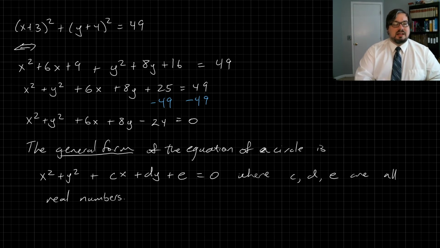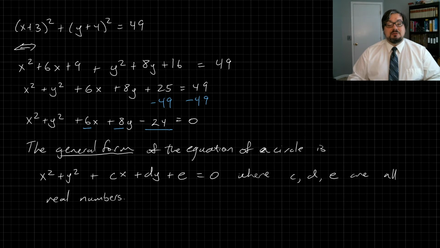So in our example up here, c was 6, d was 8, e was negative 24. If you choose any other numbers there, then you will get a potential equation of a circle, and we'll see in a minute why I say that it's only potential.